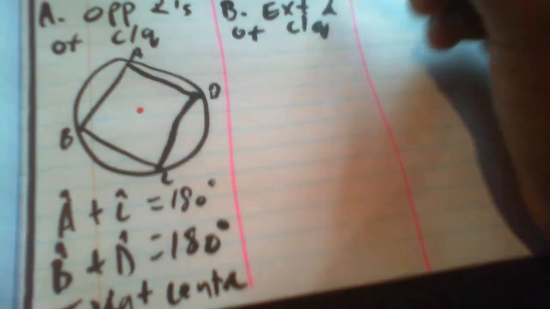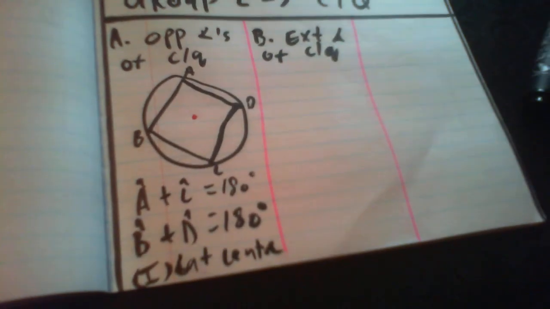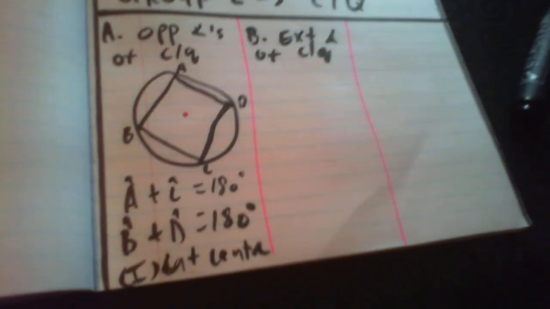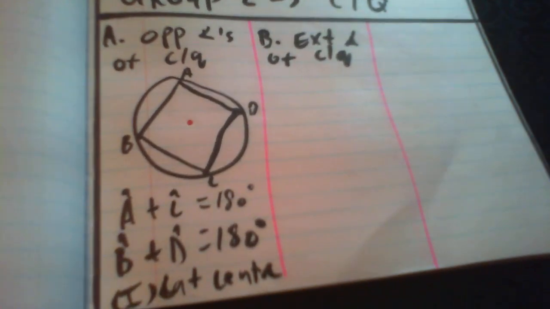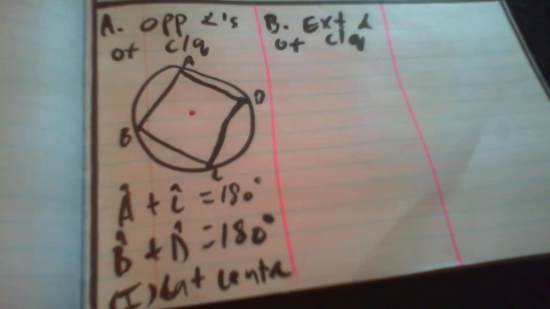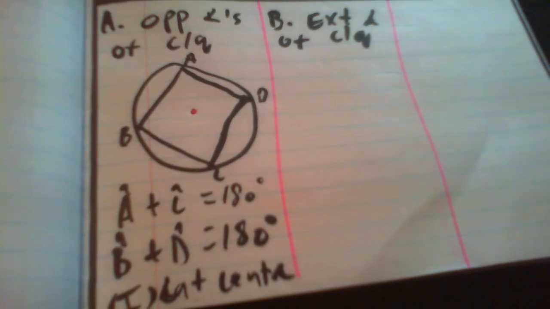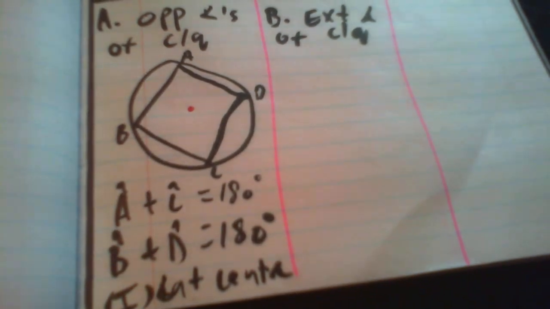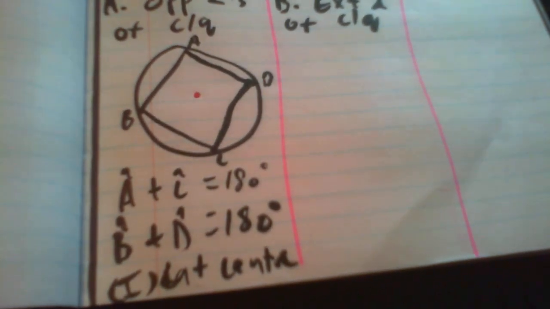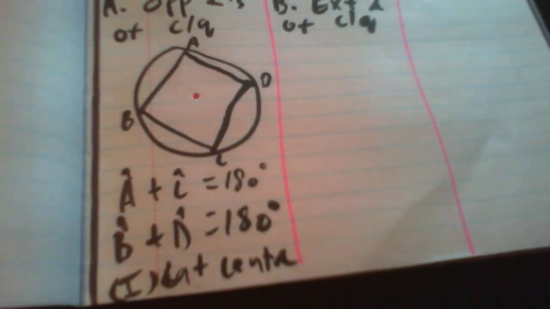Exterior angle of a cyclic quadrilateral. Now, exterior angle of a cyclic quadrilateral, we cannot prove it or do it without understanding firstly that the opposite angles of a cyclic quad are supplementary, or they add up to 180 degrees.